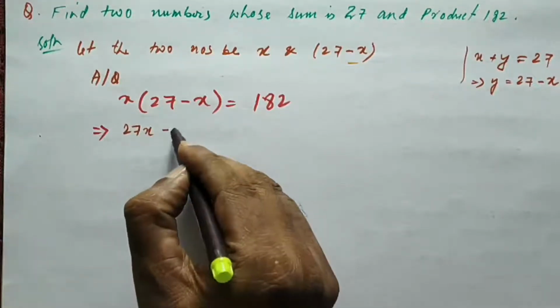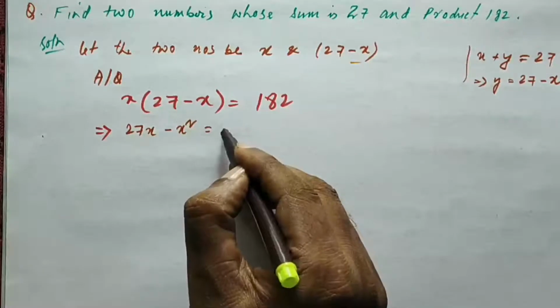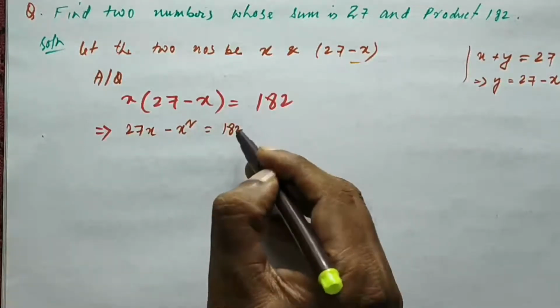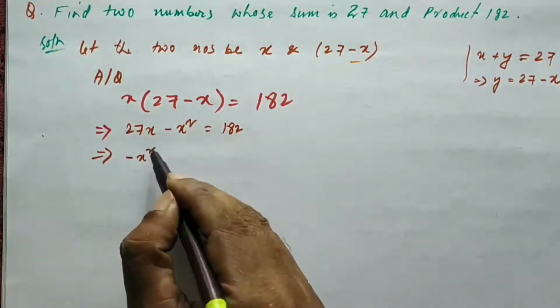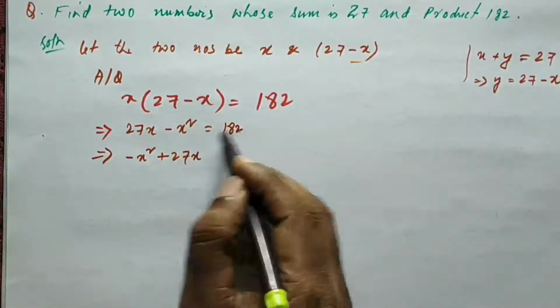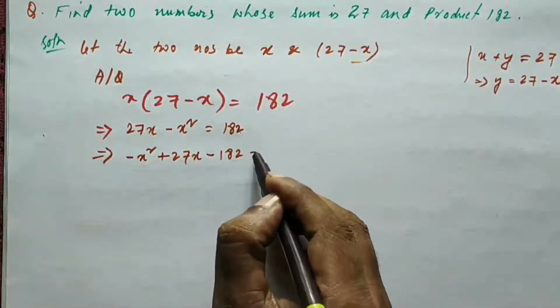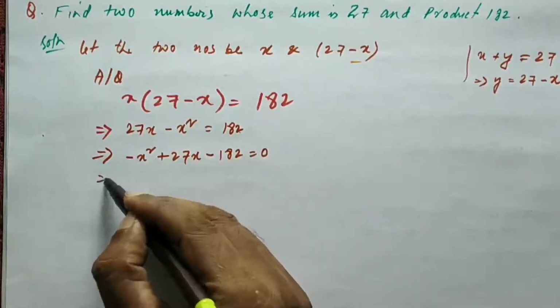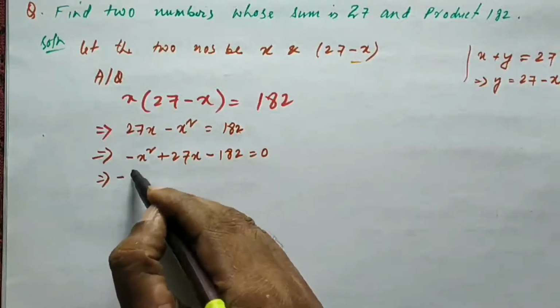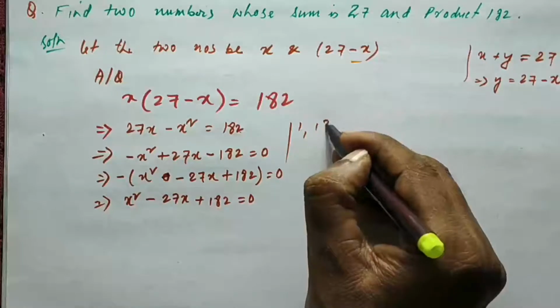27x minus x square equal to 182. Descending order of power of x, minus x square plus 27x. This we bring to the left, it becomes minus 182 equal to 0. Or we can take minus sign common, x square minus 27x plus 182, where coefficient is 1 and constant term is 182.